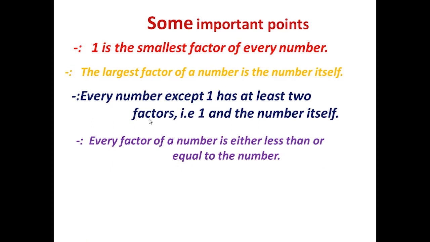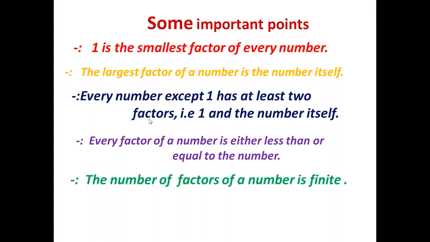Every factor of a number is either less than or equal to the number. The number of factors of a number is finite. Factors of a number are limited, meaning we cannot add any more numbers to the factors of a number.